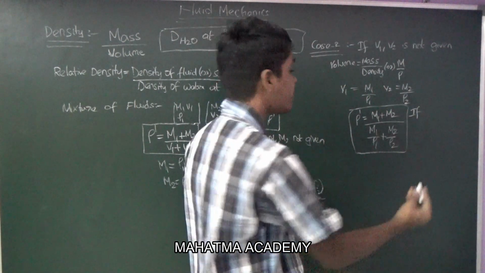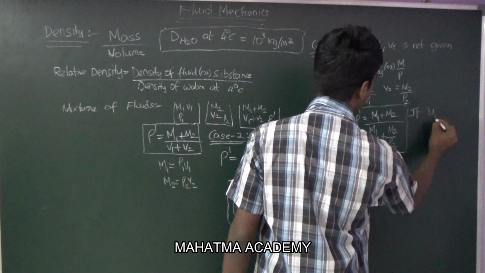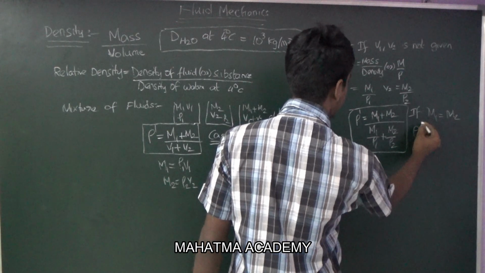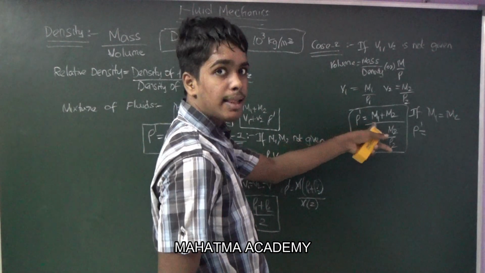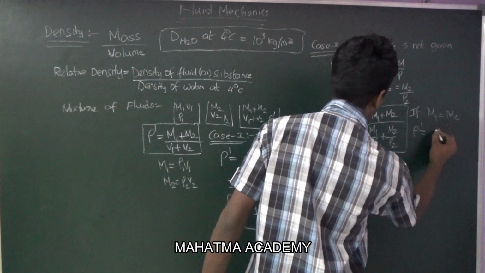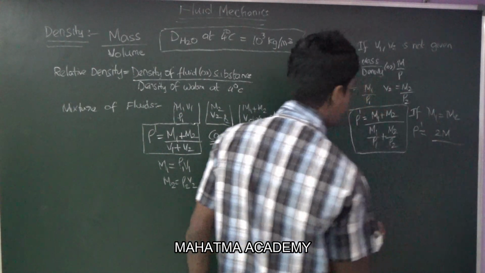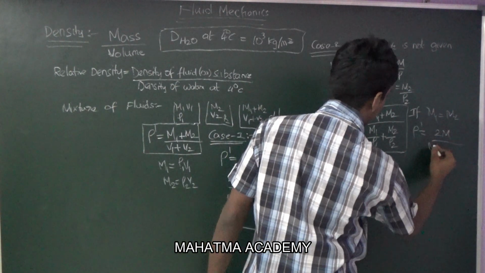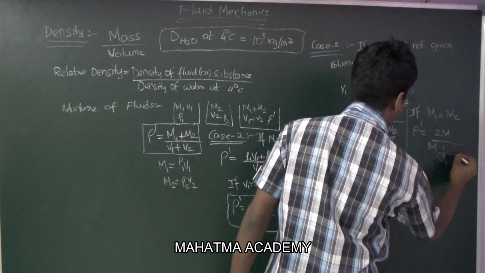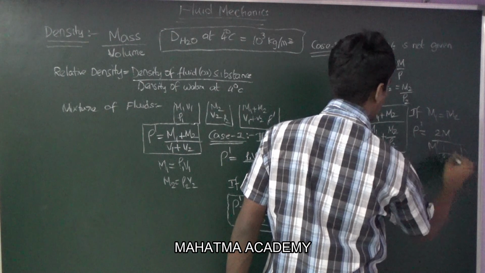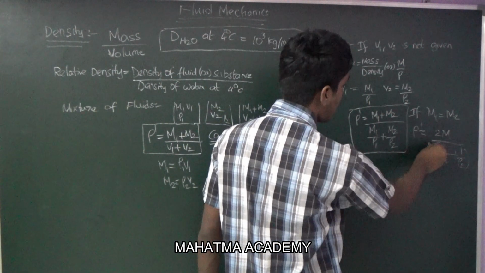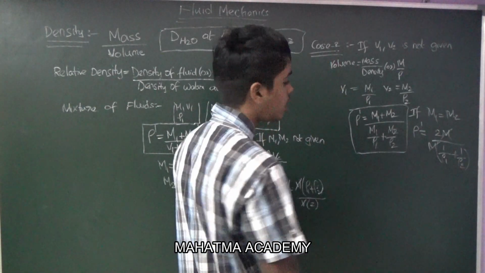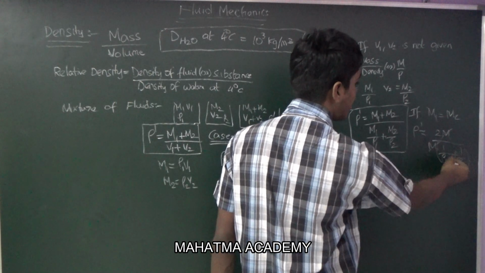Now we have the case: if m1 is equal to m2, okay. Now rho dash is equal to m plus m gives rise to 2m, divided by, in the place of m1 and m2 we can substitute m, into 1 upon rho 1 plus 1 upon rho 2, and here mass will become cancelled. 1 upon rho 1 plus 1 upon rho 2 gives rise to rho 1 plus rho 2 upon rho 1 rho 2.